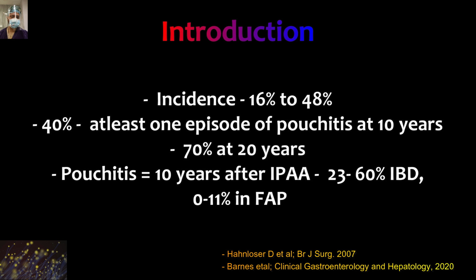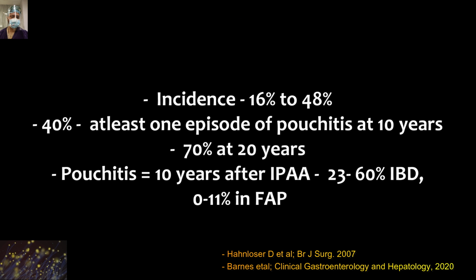So the incidence of pouchitis is 16 to 48%, and 40% of patients will have one episode of pouchitis in 10 years, and 70% will have one episode in 20 years. The incidence of pouchitis 10 years after ileal pouch anal anastomosis will be somewhere around 23 to 60% for IBD and 0 to 11% in FAP. So just remember these facts and figures.